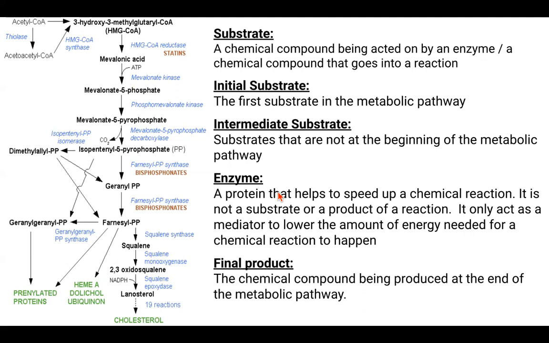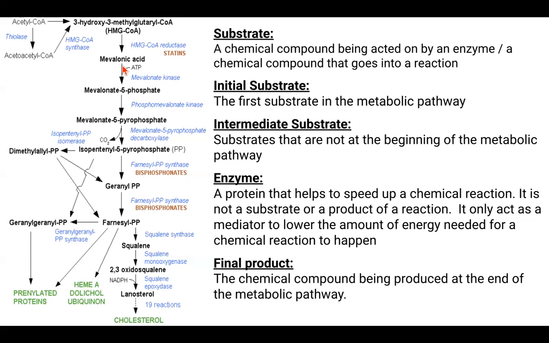Enzymes is something that you have been taught before in Unit 1. They are under the protein category of biomolecules, and they are inside the body to help speed up chemical reactions. Because a chemical reaction like this, for example, mevalonic acid being turned into mevalonate 5-phosphate, can naturally happen if you give it enough time, for example, 1,000 years, but you can't wait that long.